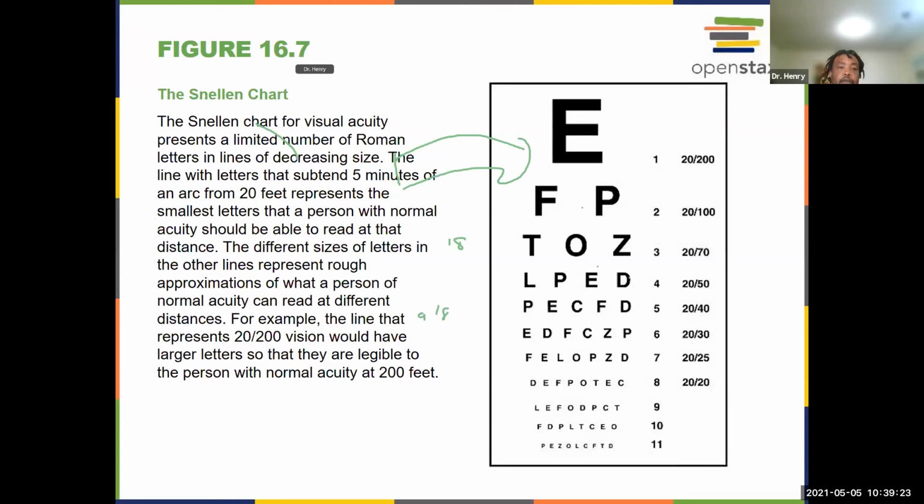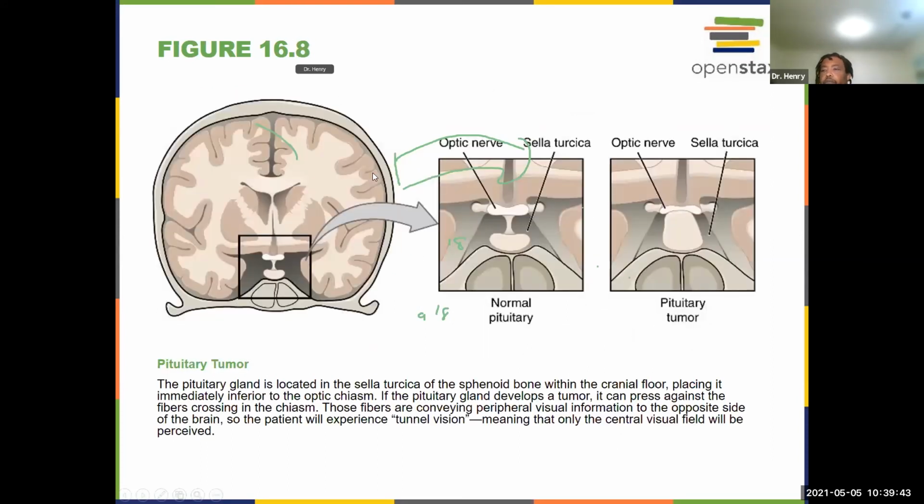So it's going to be able to test our depth perception, our field of view, and also other aspects. Okay, so we'll also test our balance, or our equilibrium, and our auditory senses as well.